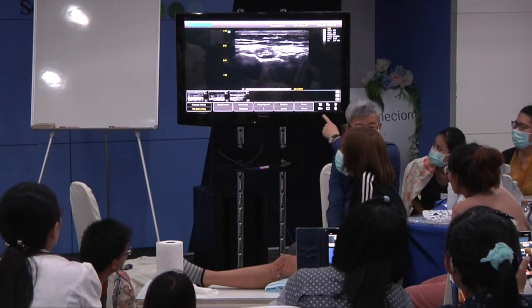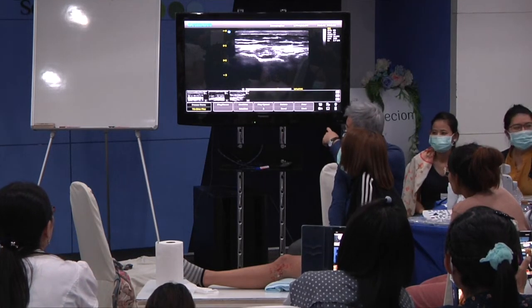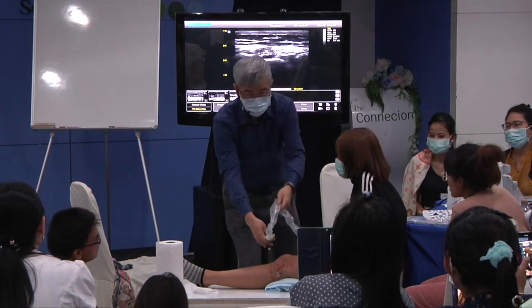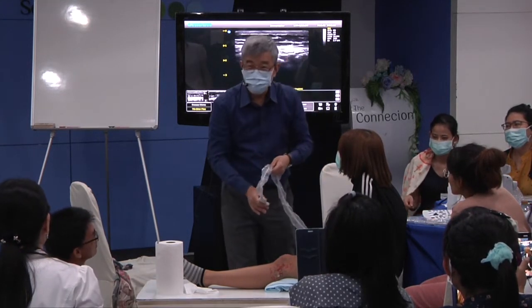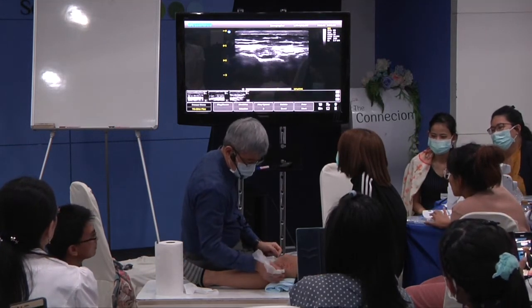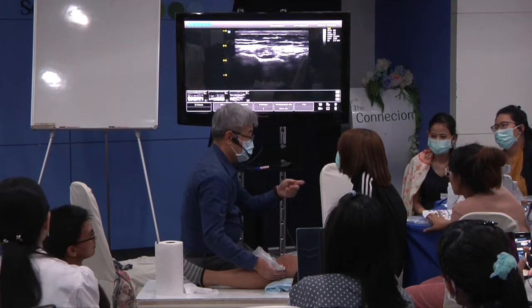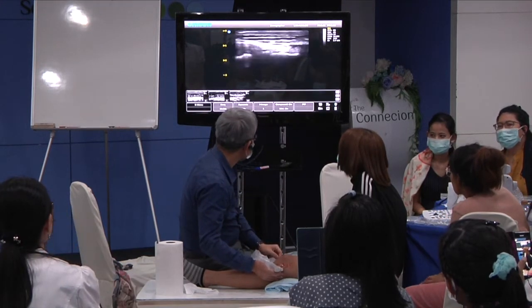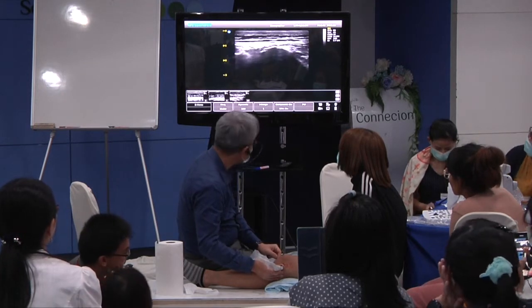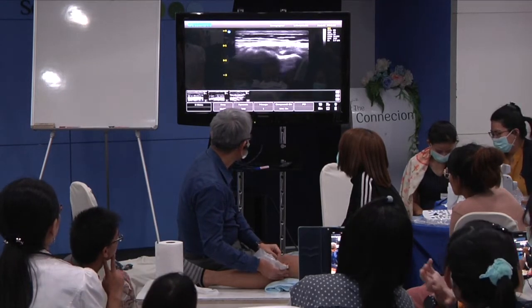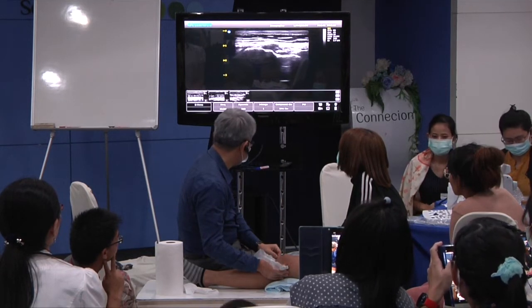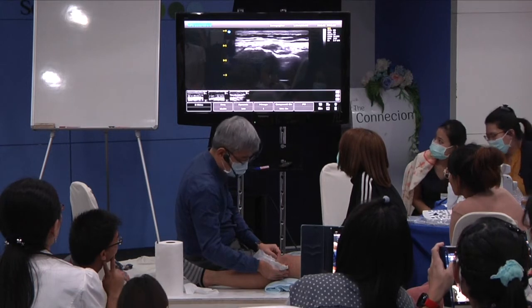Then move upward, biceps femoris. Fibula head. Okay, this is LCL. LCL inserts at the head of the fibula.